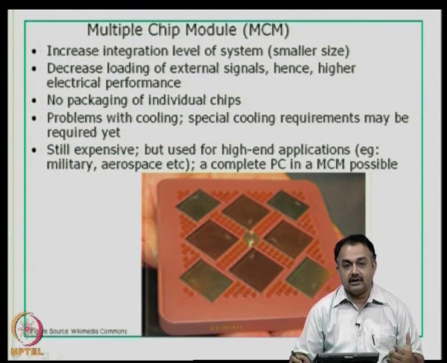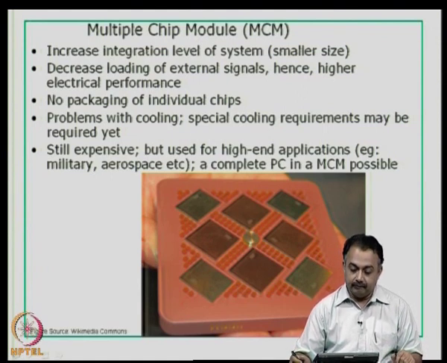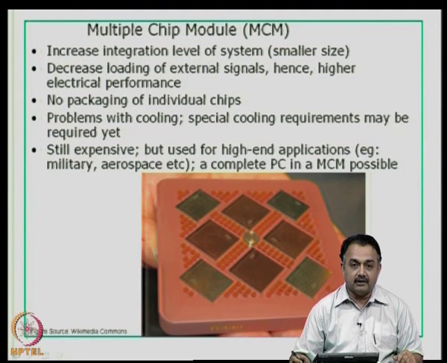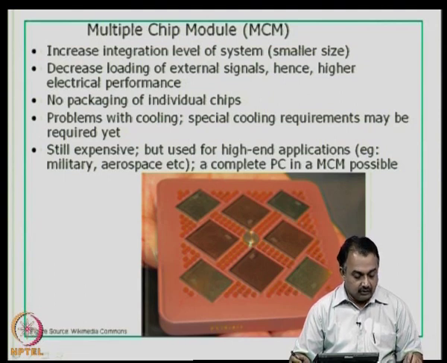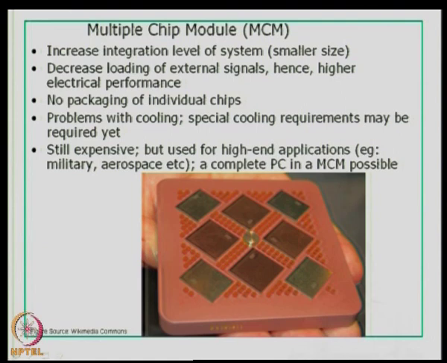You can use a single substrate to build a complete PCB with all the inbuilt functionalities of a PC. So, although it is expensive, multi-chip modules are required today for various applications. So, I will stop here, and we will continue with the further aspects of multi-chip module in the next class.